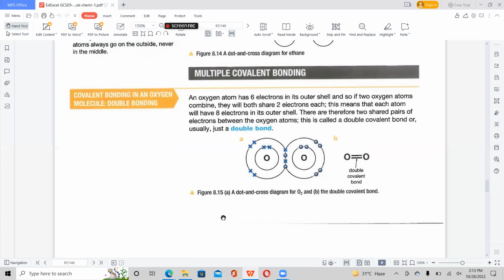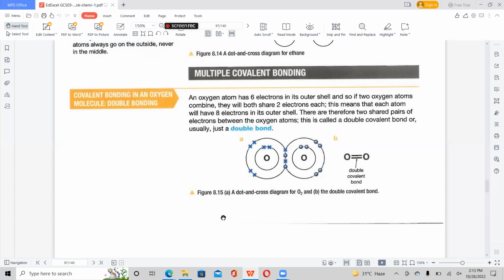A double bond is present in diatomic molecules, for example when two oxygens are attached to each other. An oxygen atom has six electrons in its outermost shell, so if two oxygen atoms combine, they will share two electrons.